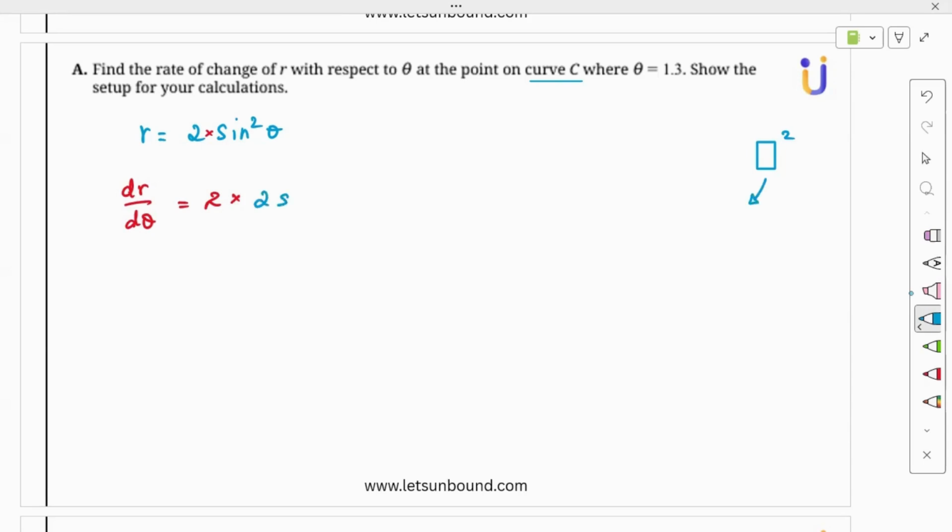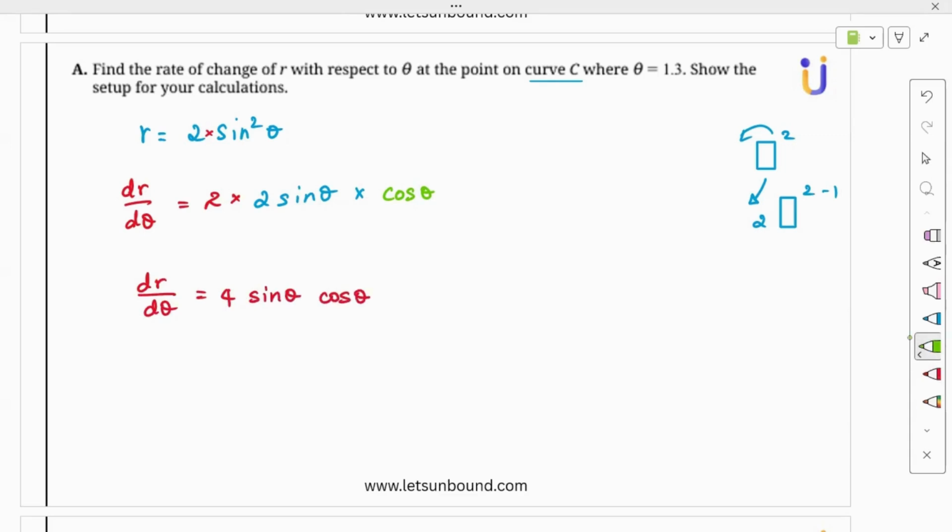So you will multiply the power in front, keep the base the same, then reduce the power by one. So 2 sine theta times what is our other function? Sine is the other function, and its differentiation you should put here. The derivative of sine theta is cos theta. Don't confuse it with sine here. So dr by d theta is 4 sine theta cos theta.